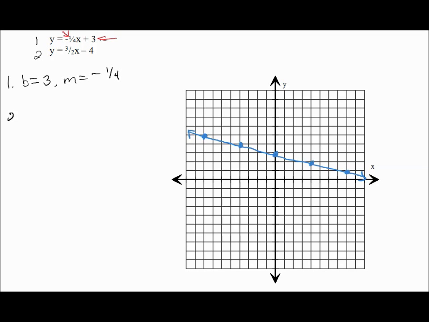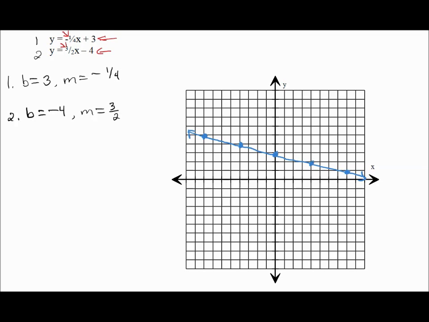So now for line 2, my y-intercept here is negative 4, and my slope is a positive 3/2. Okay, so now I'll graph my next one.